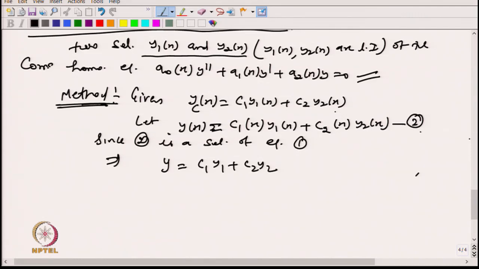But it is understood that y is a function of x, c1 is a function of x, y1 and y2 are functions of x, and c2 is also a function of x. Now from here I take y dash.